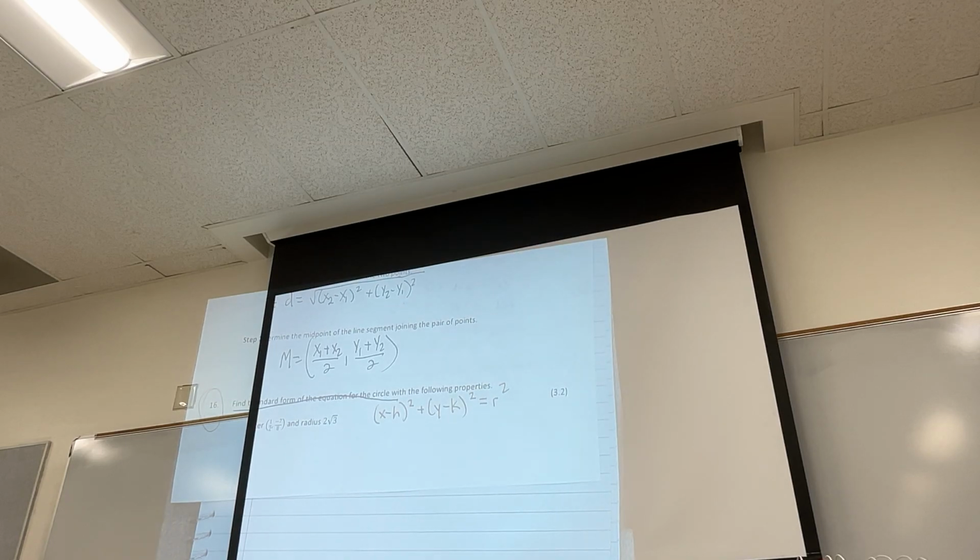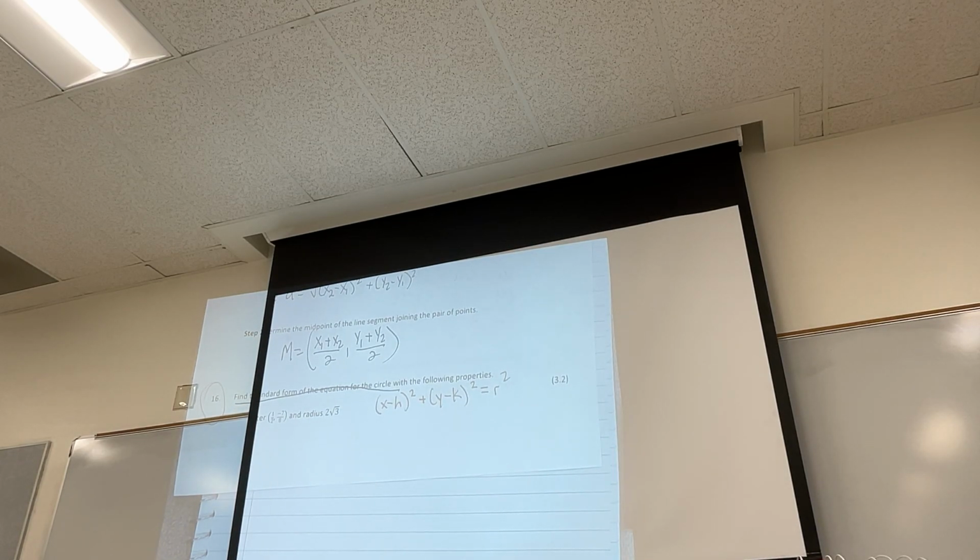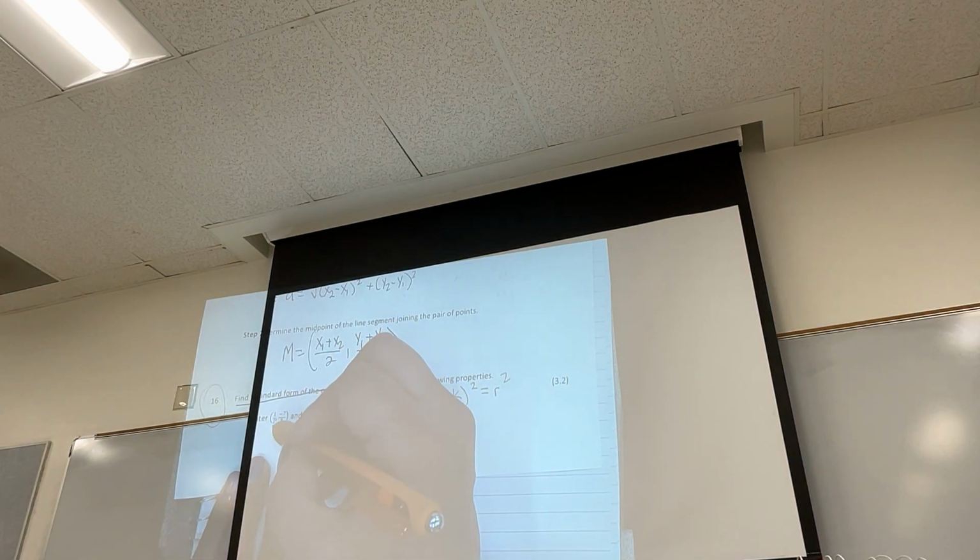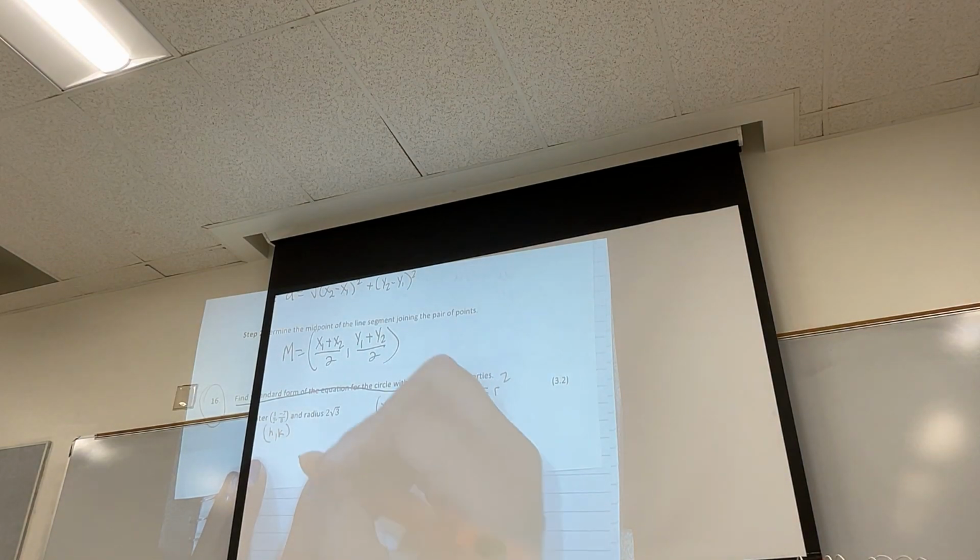All right. We got our standard form for the equation of a circle. Sorry, my letters are a little crooked. So the center is our h comma k, yes? My radius is just little r, yes?